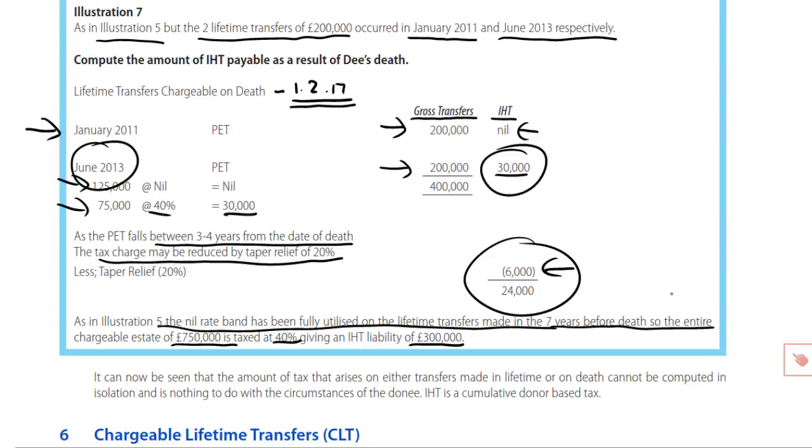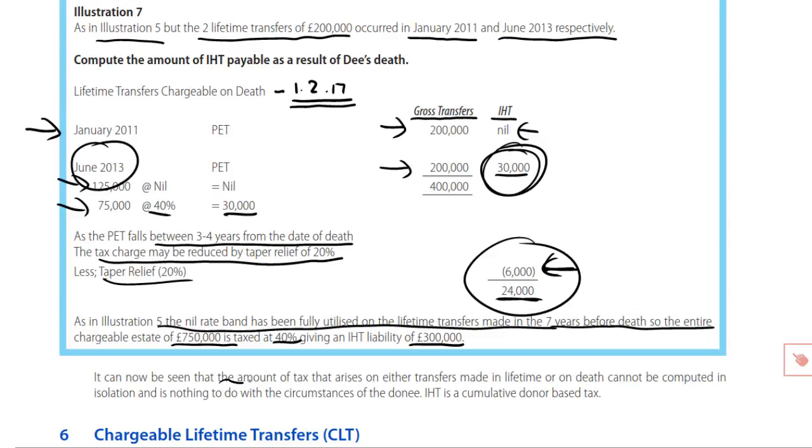But then, the first pet that moves you out of the nil rate band and up into 40%, the excess above the nil rate band is at 40%. If that transfer is more than 3, but of course less than 7 years from the date of the death of the taxpayer, then any such tax charge would be reduced by the available taper relief. In this example, 20%. 20% of 30,000 gave us 6,000, leaving a balance of £24,000 to pay.